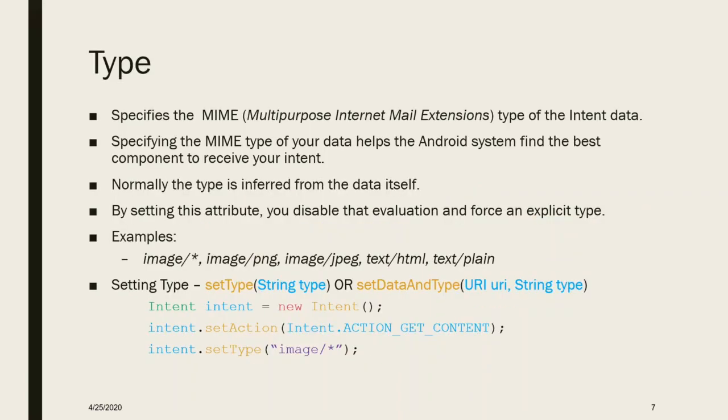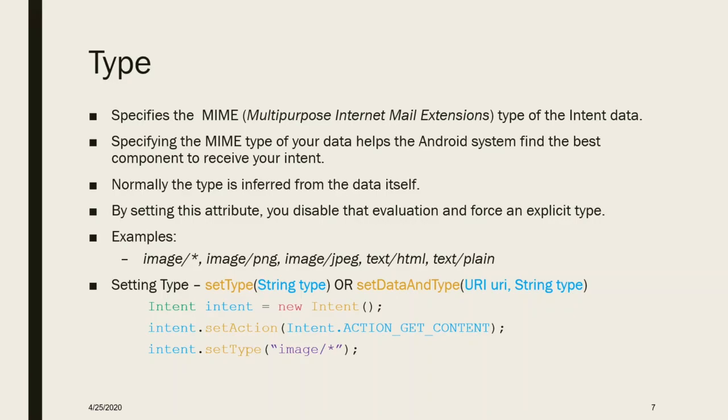Intents also have a type field, which specifies the MIME type of the intent data. Some examples of MIME types include various image formats, for example, image/png for PNG images and image/jpeg for JPG or JPEG images. There are also various text formats such as text/html for HTML text or text/plain for arbitrary text data.